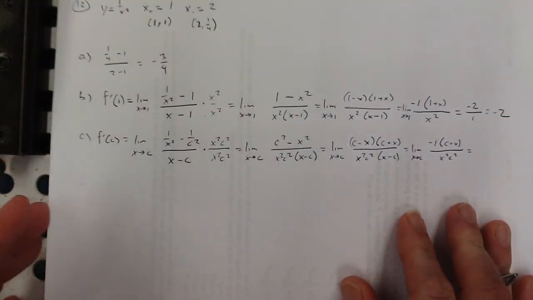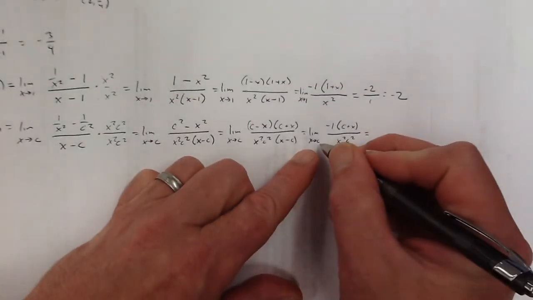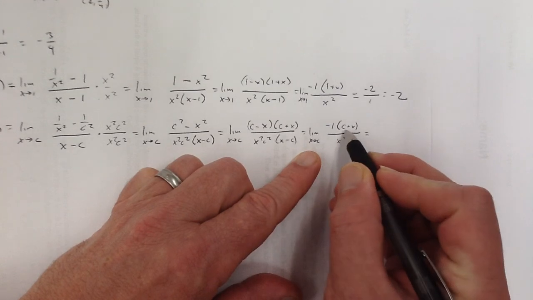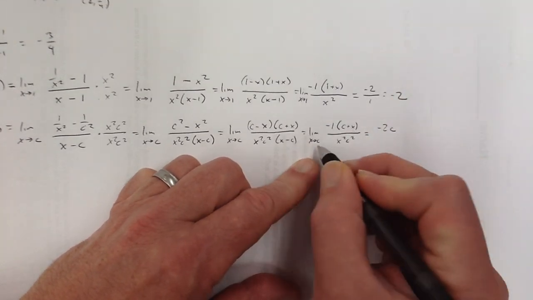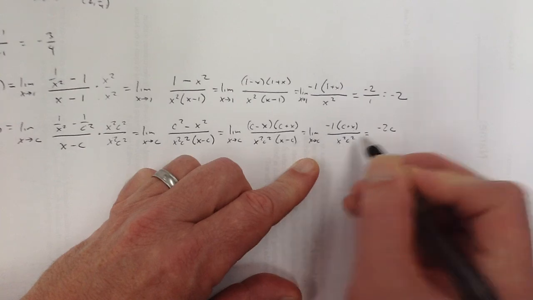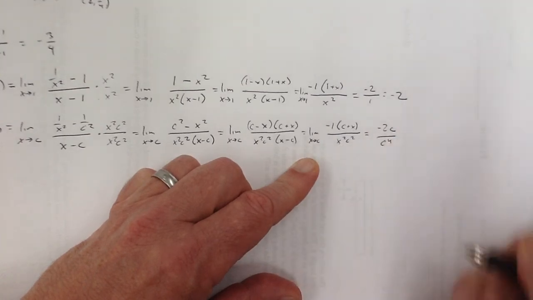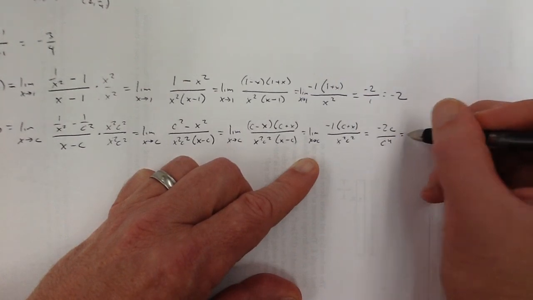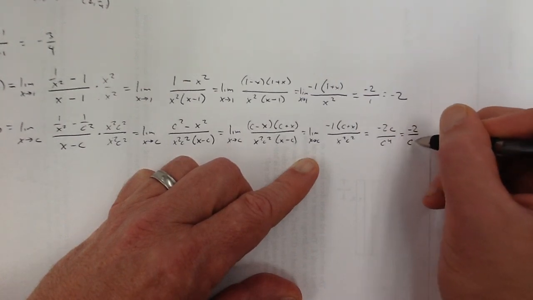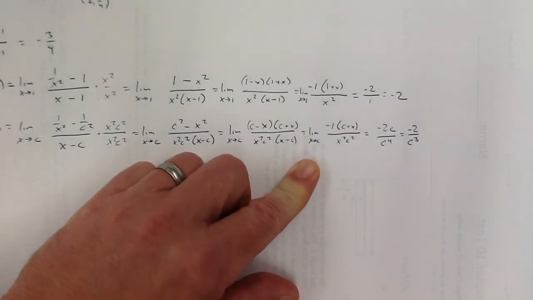So plug in c in here. I got negative, c plus c is 2c, so it's negative 2c on the top, and then c squared times c squared, that's c to the 4th on the bottom. And I guess there's a c that could be canceled out, so maybe I'll clean that up a little bit. Negative 2 over c cubed.